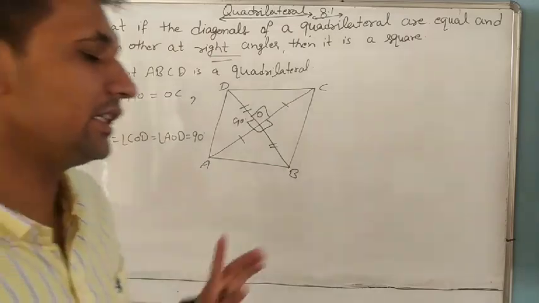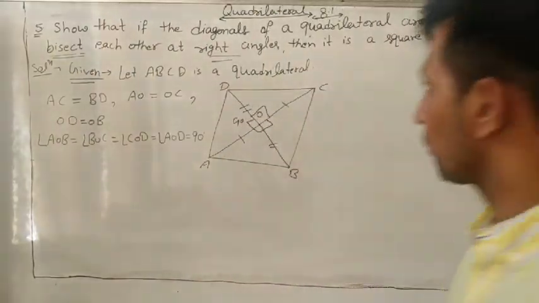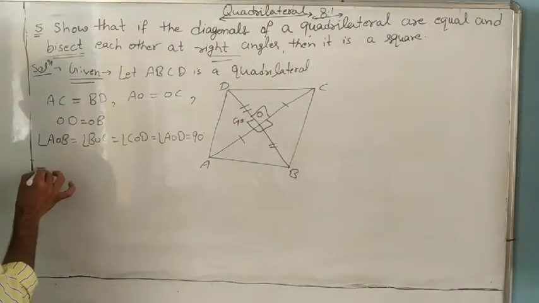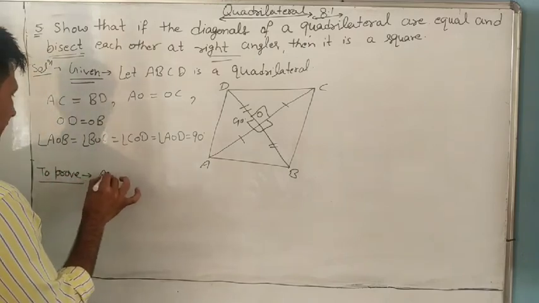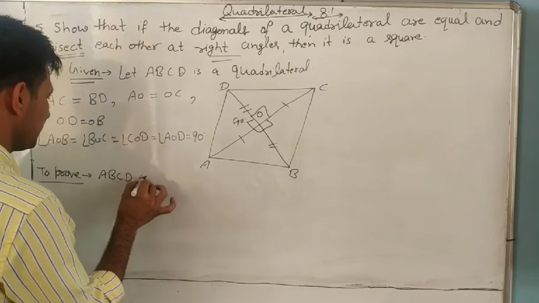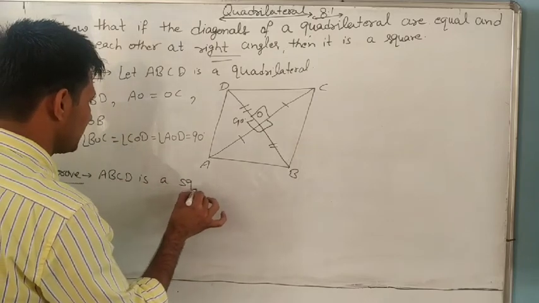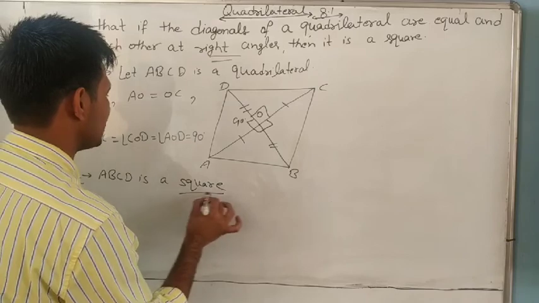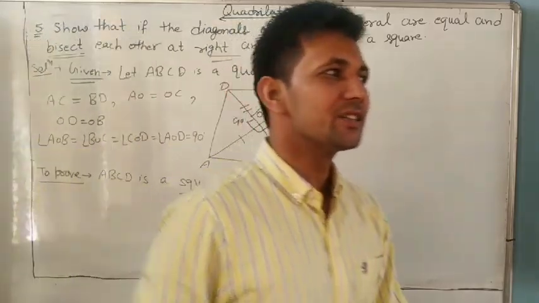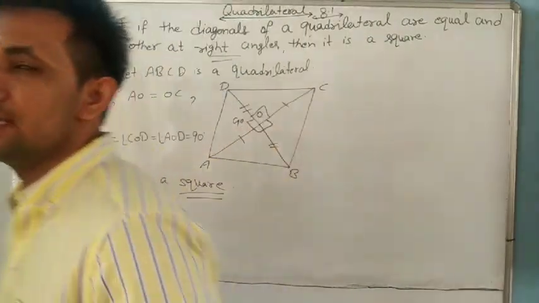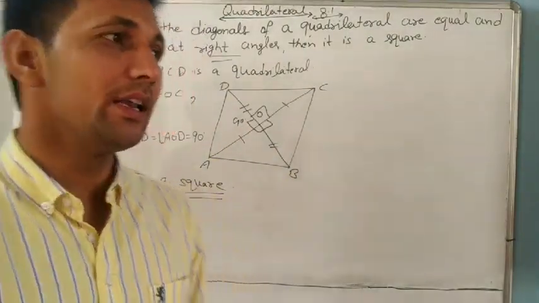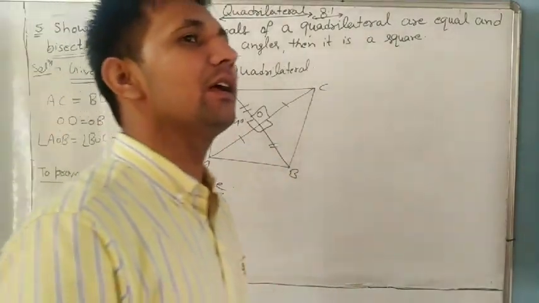So these things are given, but what do we have to prove? To prove: ABCD is a square. Understand? If you want to prove that this quadrilateral is a square, what is a square? A square is a quadrilateral whose all sides are equal.